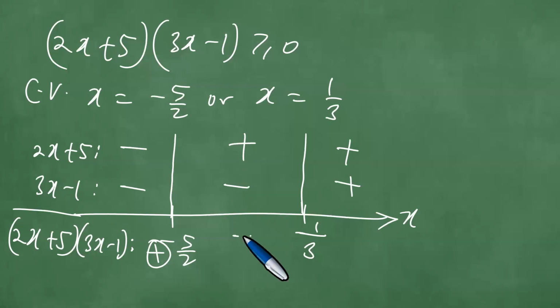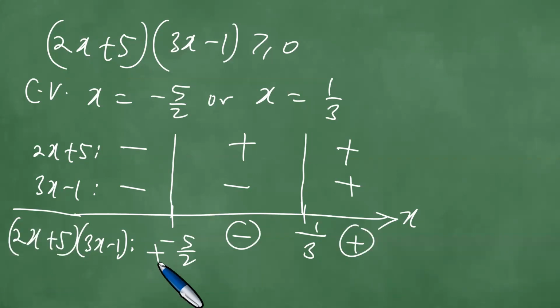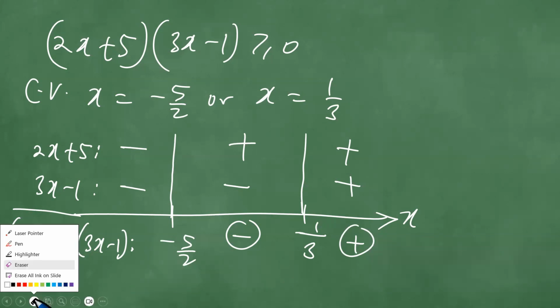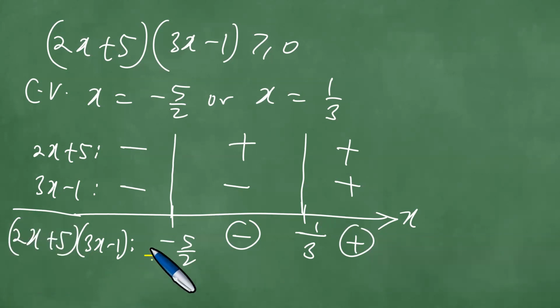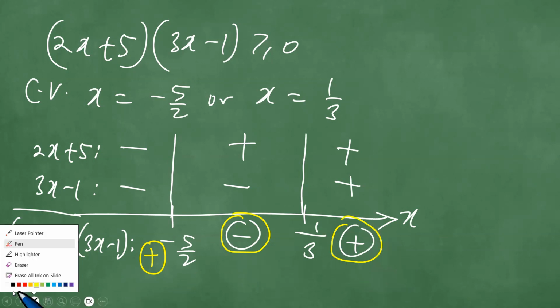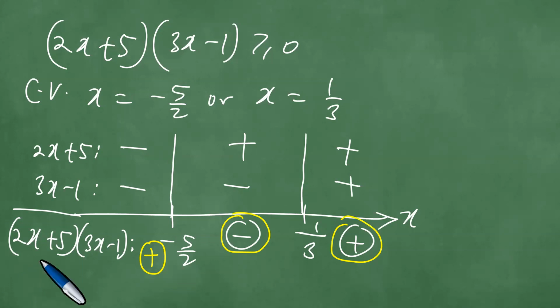Positive by negative, you have a negative, and here you have a positive. So you have here a plus, a minus here and a plus there. Now what we do next is to say, if this is greater or equal to 0, we look for the positives.